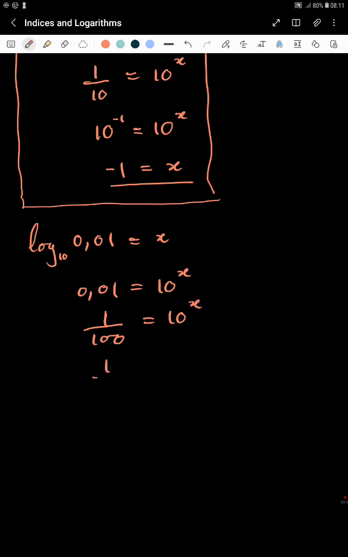This is equal to 1 over 10 to the power 2, which is equal to 10 to the power x, and the reciprocal is equal to 10 to the power minus 2, which is equal to 10 to the power x, and minus 2 will be equal to x, like that.